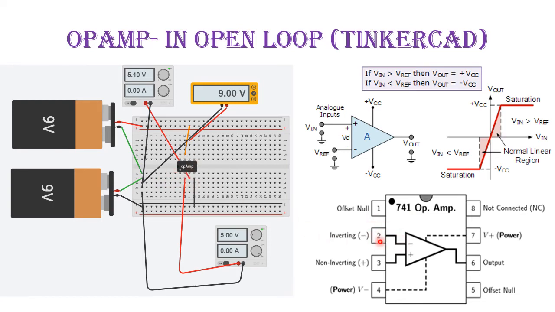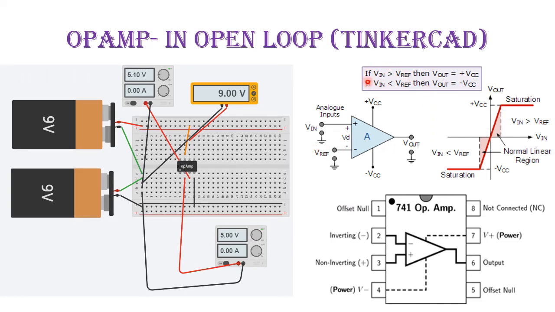Pin number 2 is the inverting input. Pin number 3 is the non-inverting input. Pin number 6 is the output. The power supply to the IC is pin number 4 and 7, that is the negative power supply and the positive power supply.